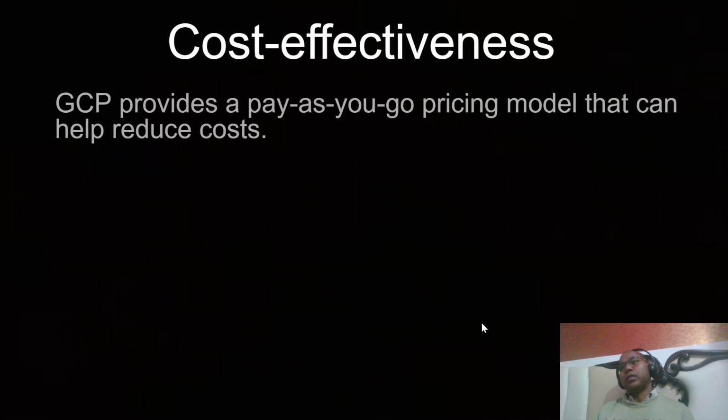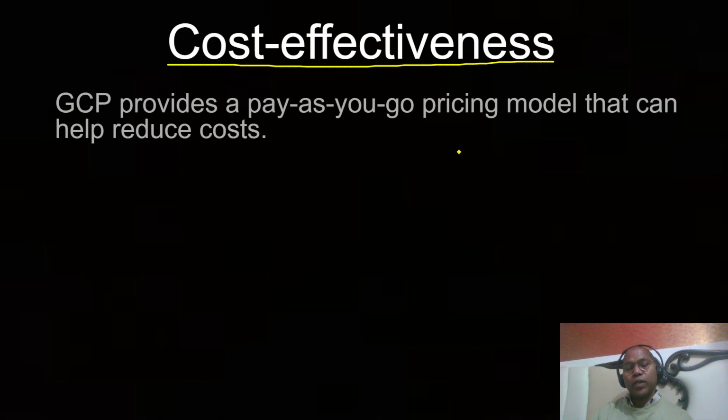And again, the most key part is cost. Whenever you are deciding to use GCP, please be aware of cost effectiveness. Cost effectiveness is only possible if you use cloud services carefully, because for whatever services you use, you have a pay-as-you-go pricing model.